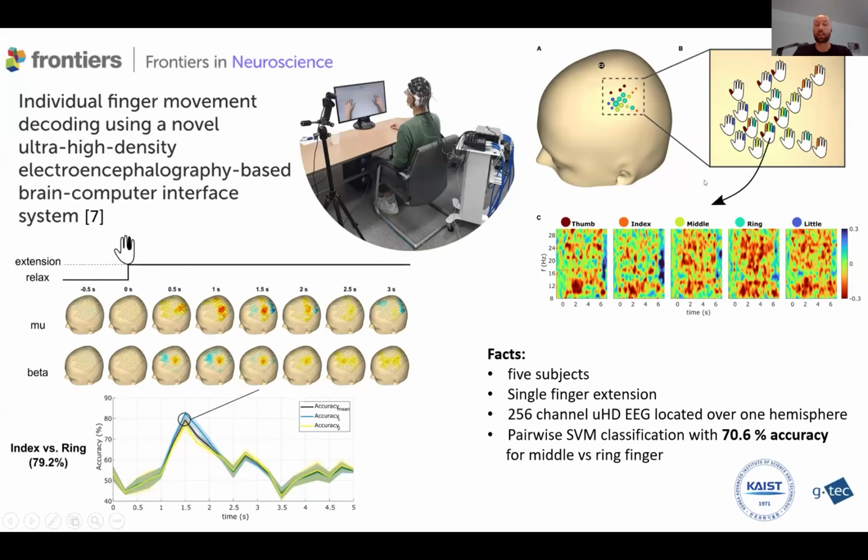And in general, you can also see here on the right top, the focal plot of the significant channels, where you can see the time frequency map of thumb, index, middle, ring, and little finger. And then as an average, we found for this pairwise classification 70.6% accuracy in this study for individual finger decoding. This was motor execution, and we did 5 subjects in this case.